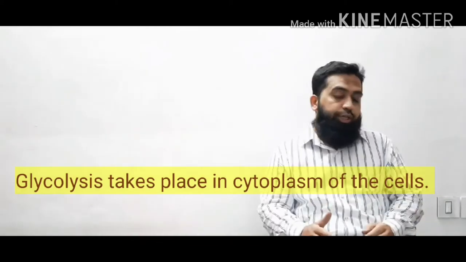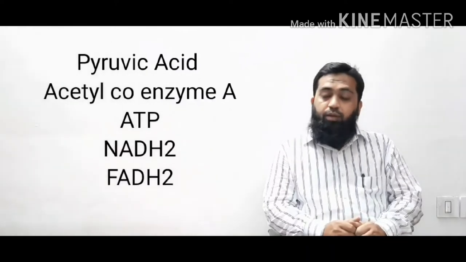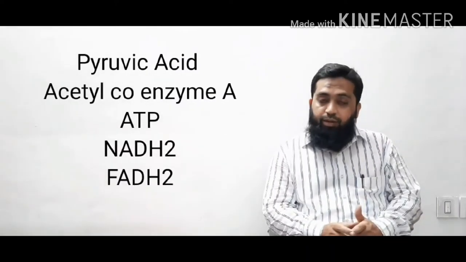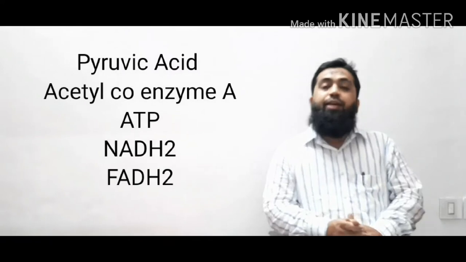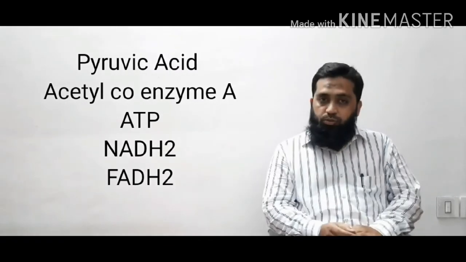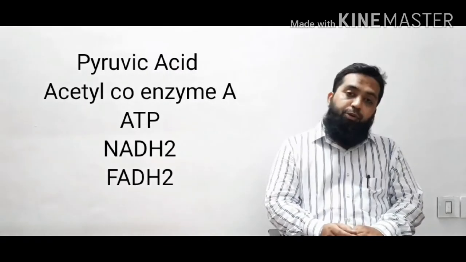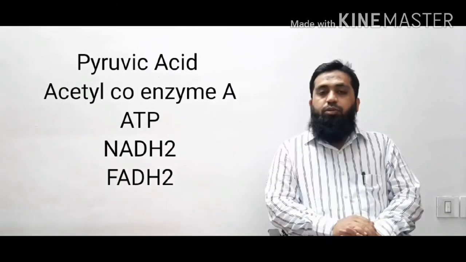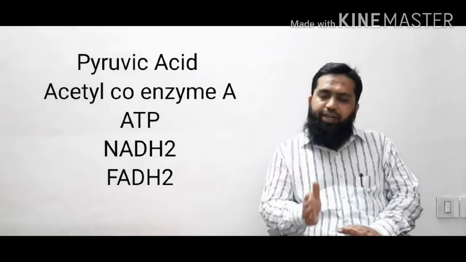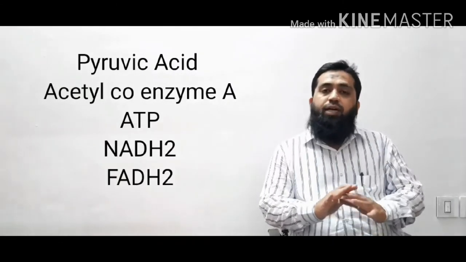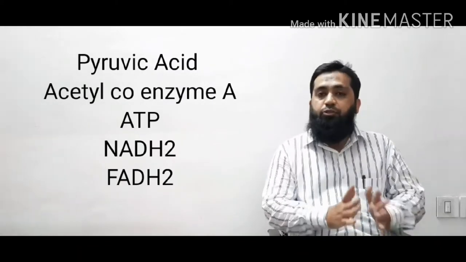Now what are those molecules? Pyruvic acid, very important. Pyruvic acid gets formed. Then acetyl coenzyme A, ATP molecule, NADH2, nicotinamide adenine dinucleotide, and FADH2, flavin adenine dinucleotide. So these are some molecules which are formed in the cytoplasm.